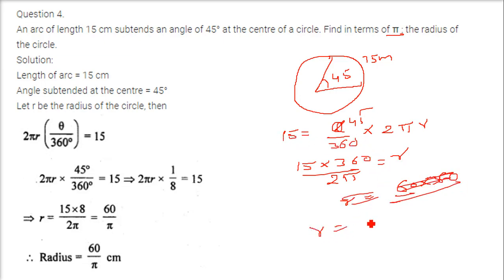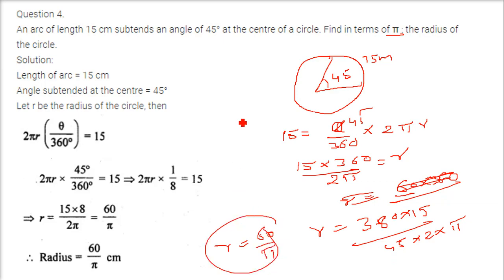Let me do it again, r equal to 360 into 15 by 45 into 2 into pi. This is going to be 60 by pi. This is the answer.